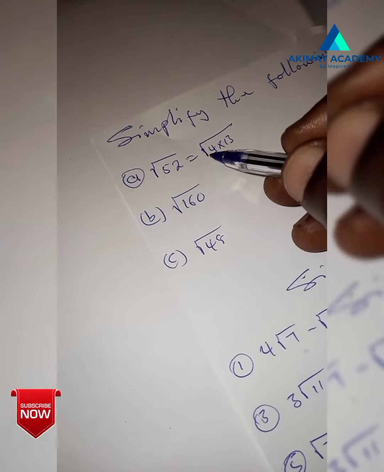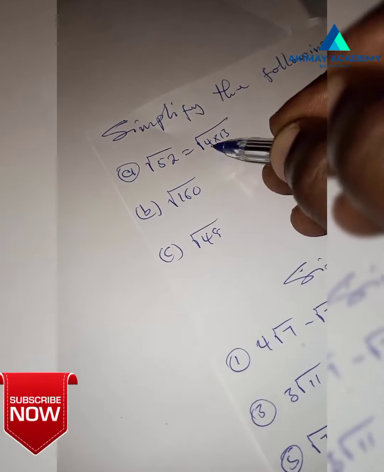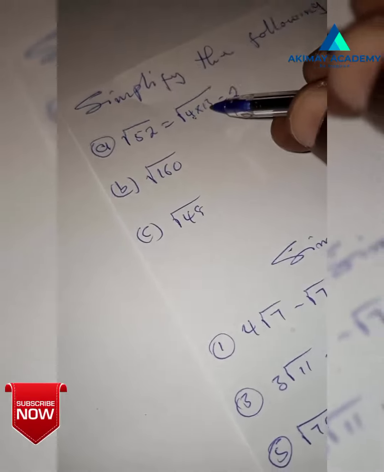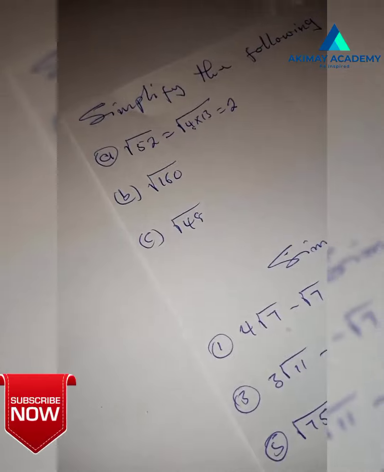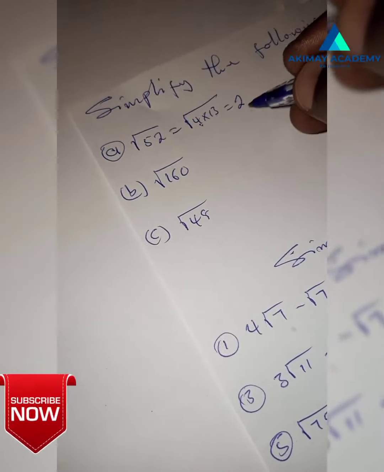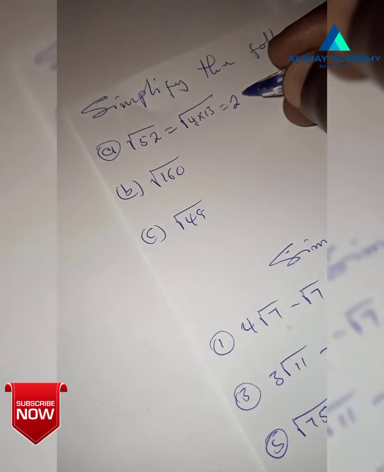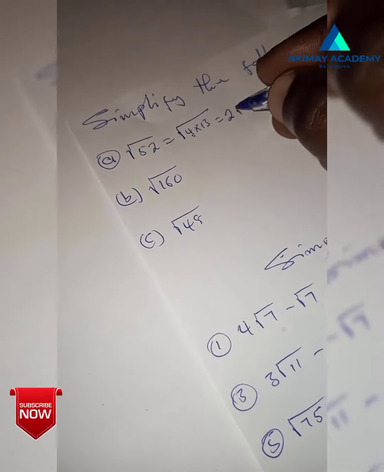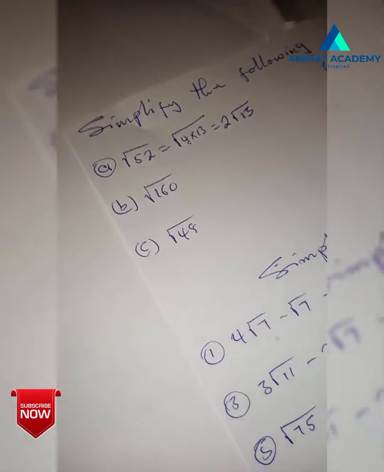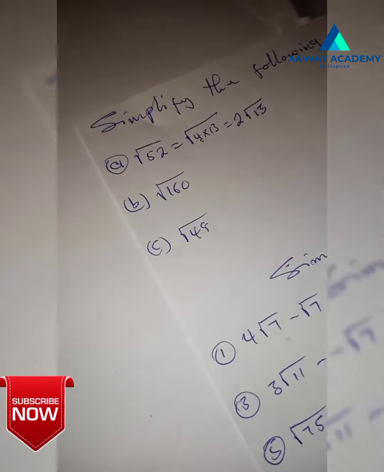So we find the square root of 4, which is 2. And the square root of 13 is not a perfect square, therefore you cannot have a straight answer for it. So here we are going to have 2 multiplying root 13, using the same principle as we used previously.